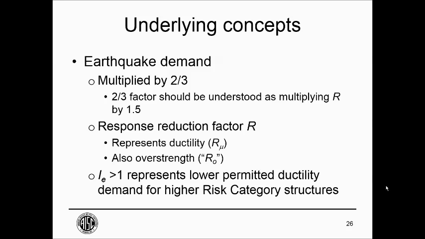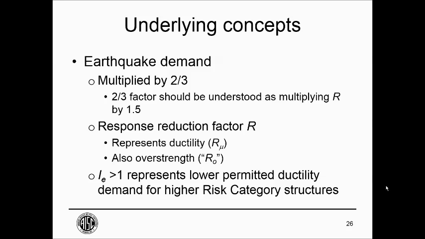The importance factor is essentially the opposite or the inverse of ductility. What the importance factor gets for us is it reduces the ductility that is allowed for certain higher risk category structures.